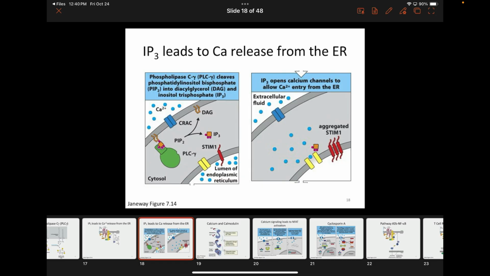I don't know why they didn't label it IP3 receptor. It's primarily found right here on the ER membrane. So IP3 receptor is chilling in the ER membrane. It's shown here as this yellow thing. Great, cool. IP3, you can see there's my IP3. It's going to bind to the IP3 receptor on the ER.